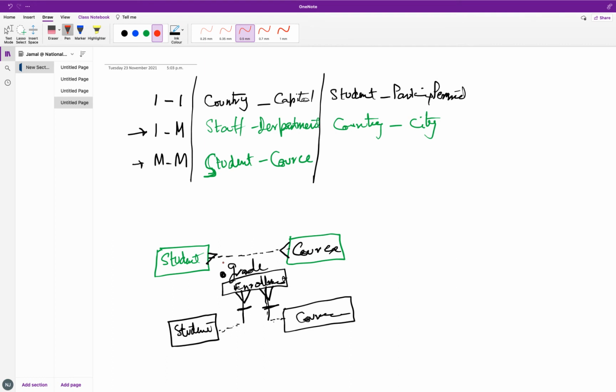And obviously another attribute could be semester, in which semester he or she was taking that course, right? Or some other related information about this particular offering of this course, okay? So this way we can resolve many to many relationships into one to many, but we have to create another third entity, okay? So this way we can solve it.